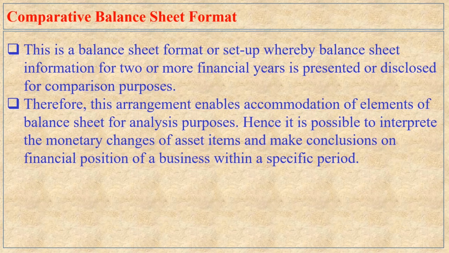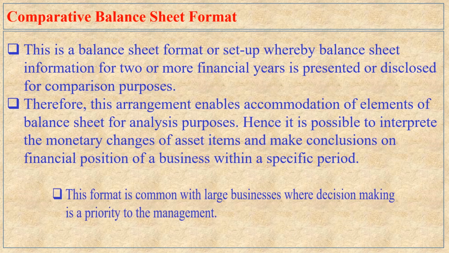Therefore, this arrangement enables accommodation of the elements of the balance sheet for analysis purposes. Hence, it is possible to interpret the monetary changes of assets, capital, and the liability items and make conclusions on the financial position of a business within a specific period of time.